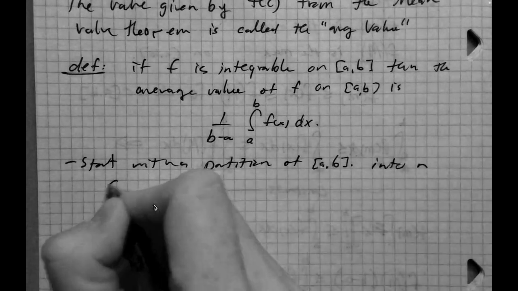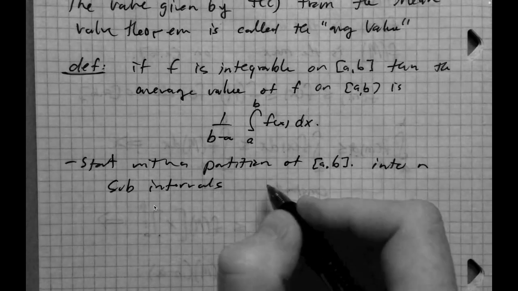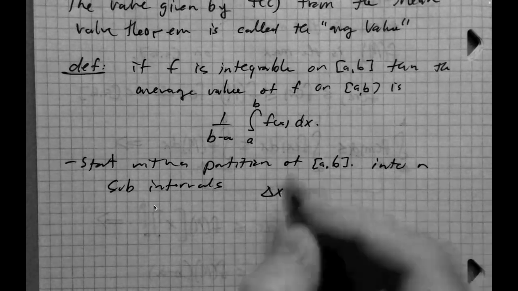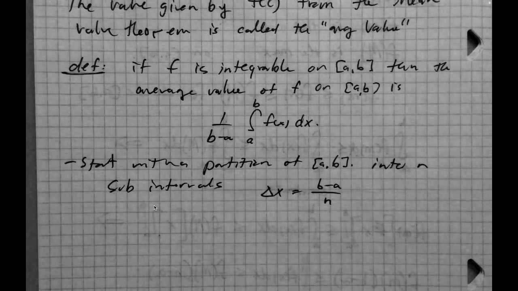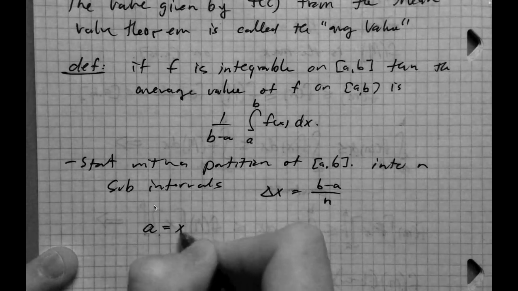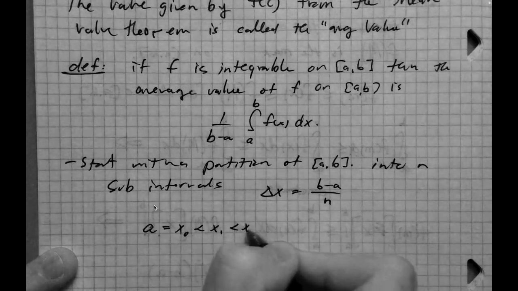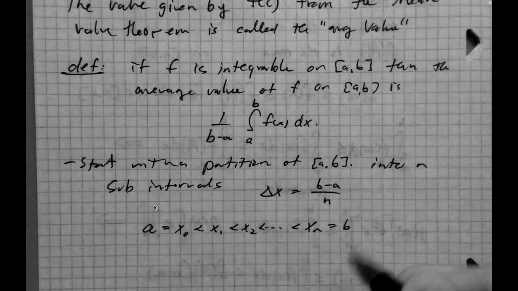And so delta x would have a width of b minus a over n, right? So I guess we could write that: a equals x0 less than x1 less than x2 dot dot dot less than xn equals b.